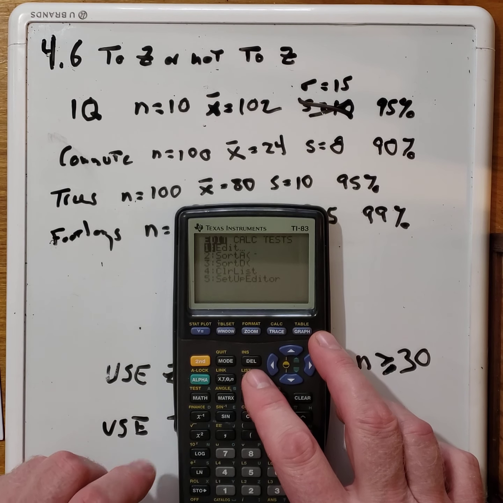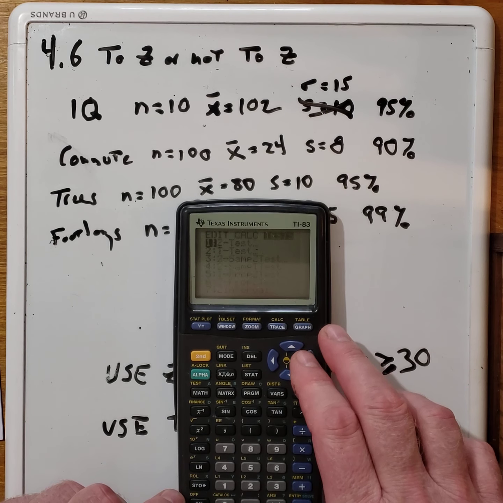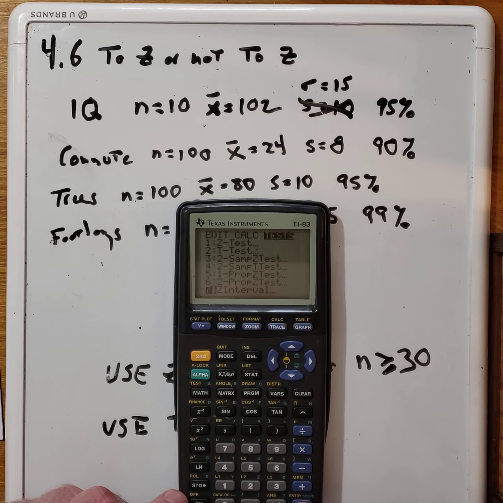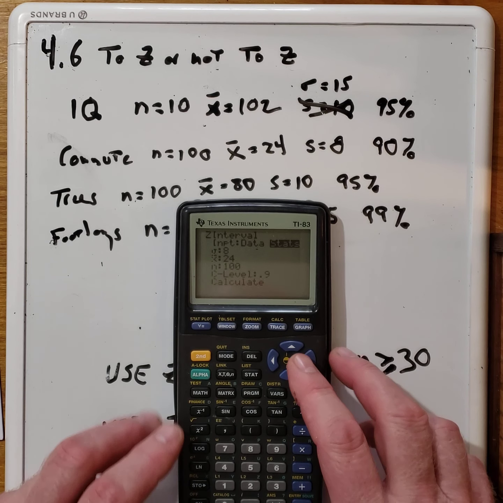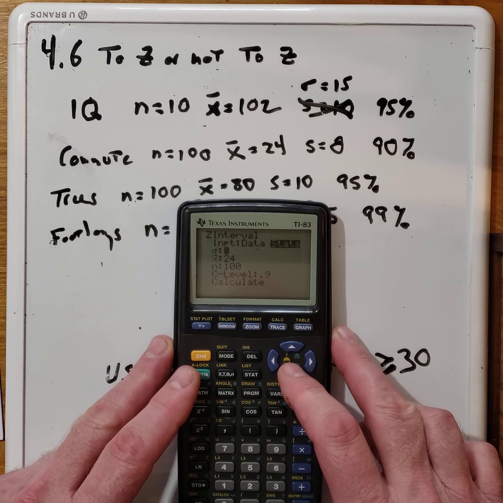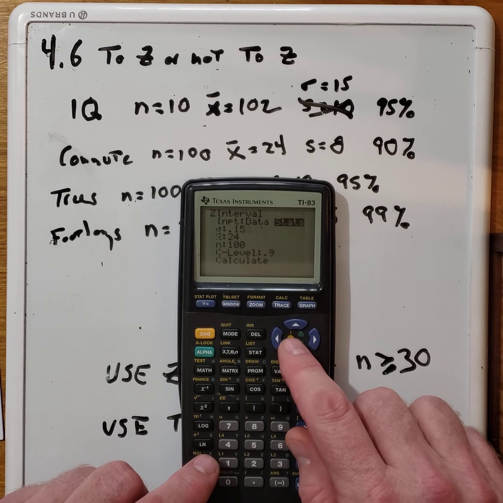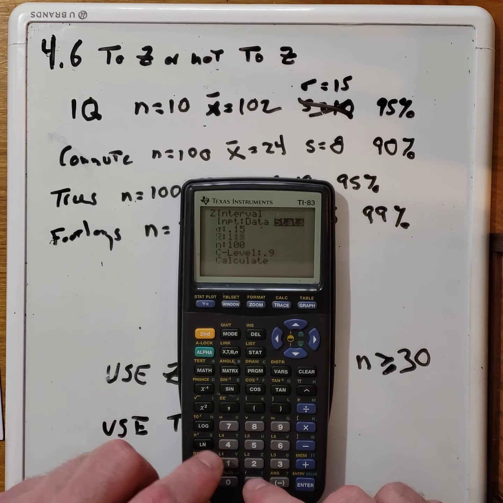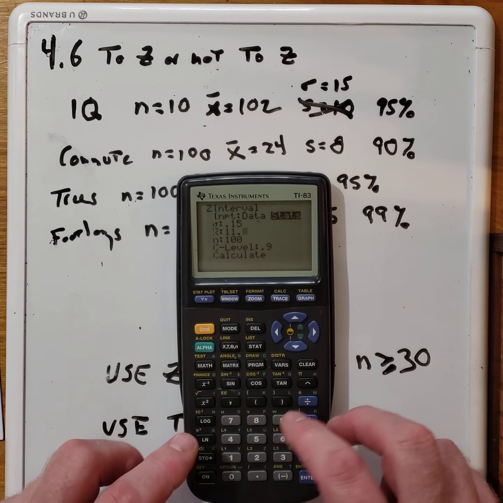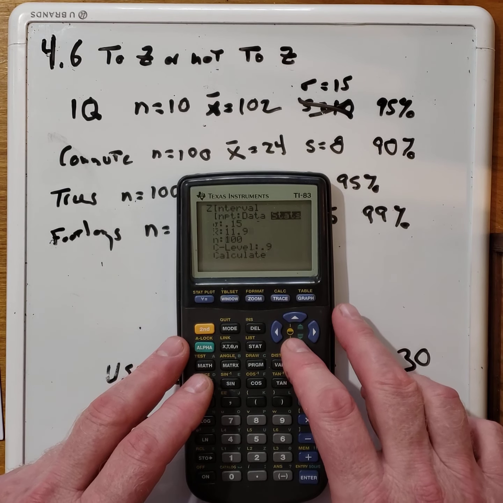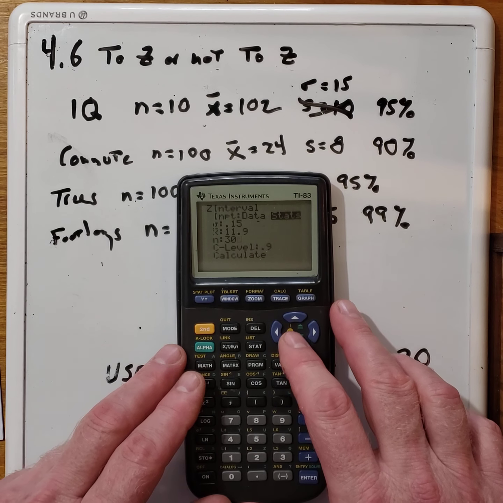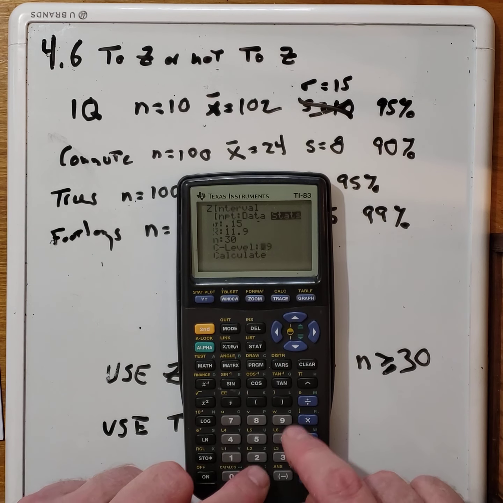So go to stats, over to test, down to z-interval. And the numbers there were what? We had a sigma of 0.15. We had an x bar of 11.9. We had an n of, let's go with 30, and a confidence level of 0.99.